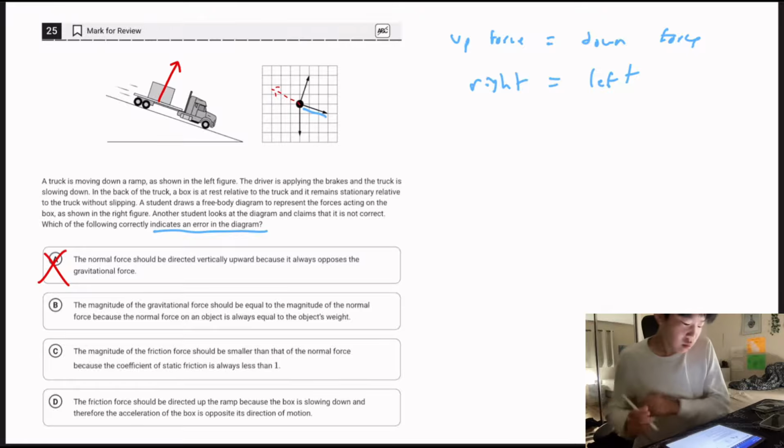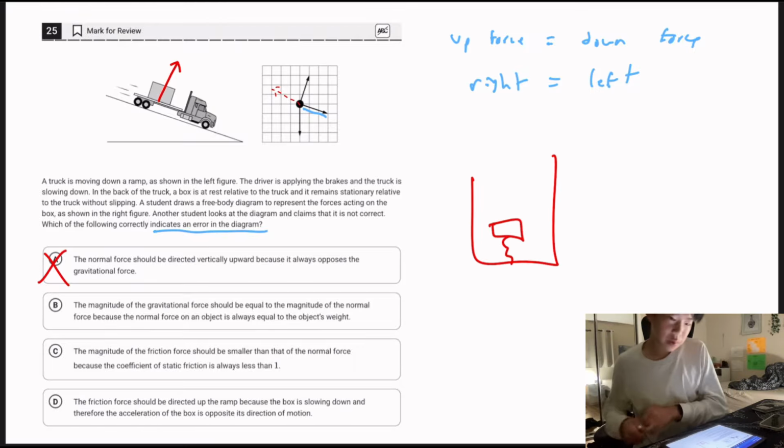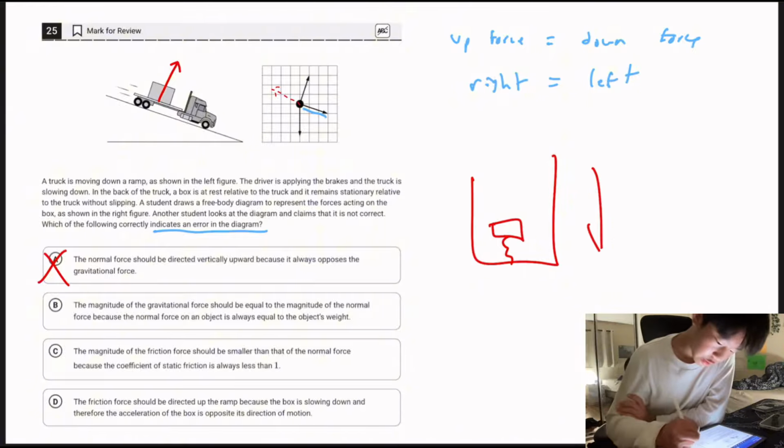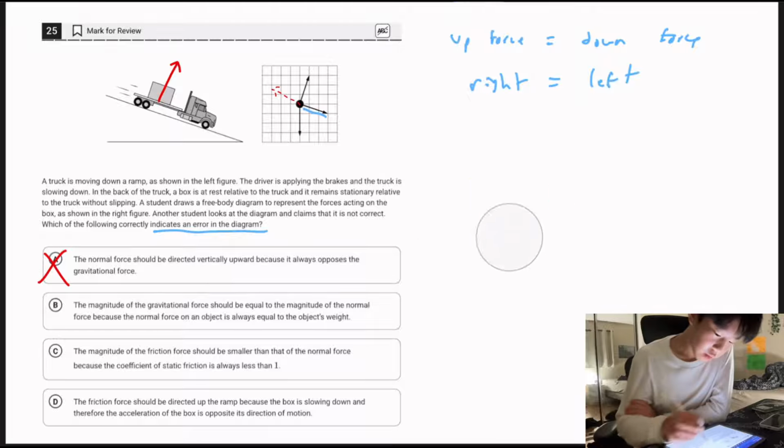That's not true, because the normal force is not always the object's weight. Let's say you're going down on an elevator, like the problem we were doing before. If you're accelerating, you're going to feel heavier. So it can't be this one.